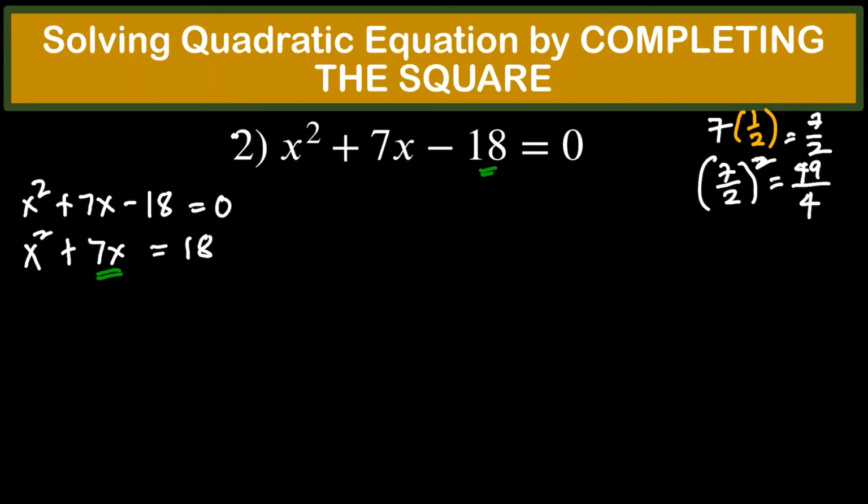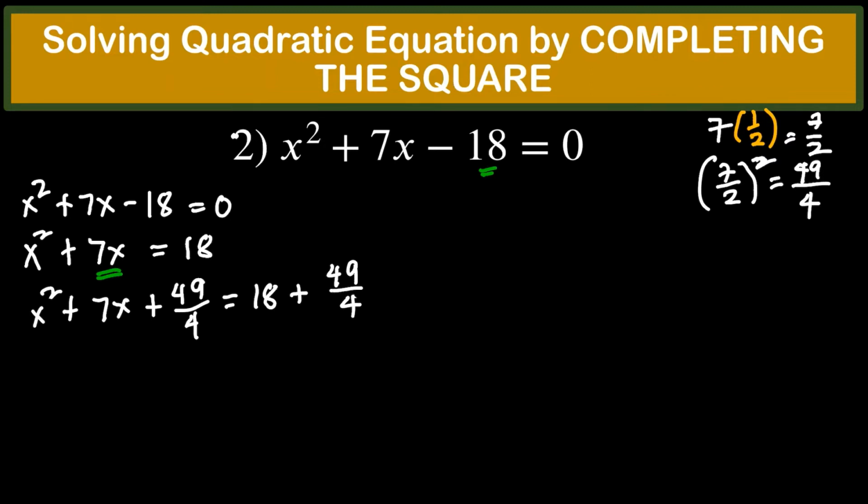We're going to add this result to both sides of the equation. So this will give us x squared plus 7x plus 49 over 4 equals 18 plus 49 over 4.